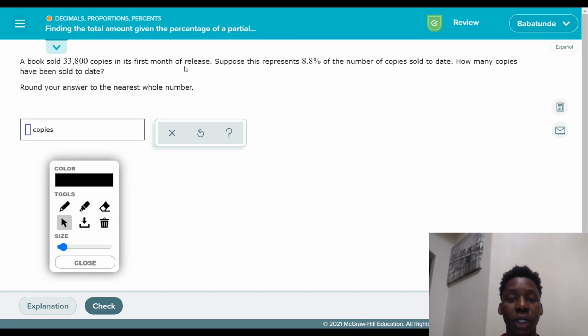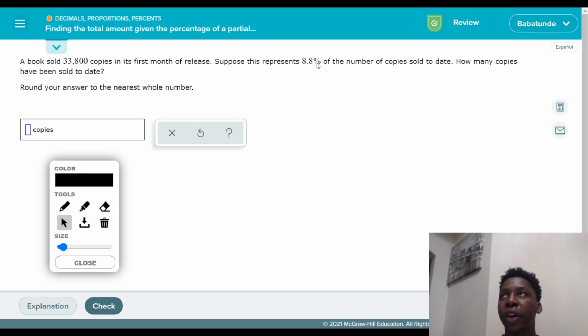Suppose this represents 8.8% of the number of copies sold to date. How many copies have been sold to date? So they're saying this 33,800 copies is 8.8% of the total amount of copies sold.